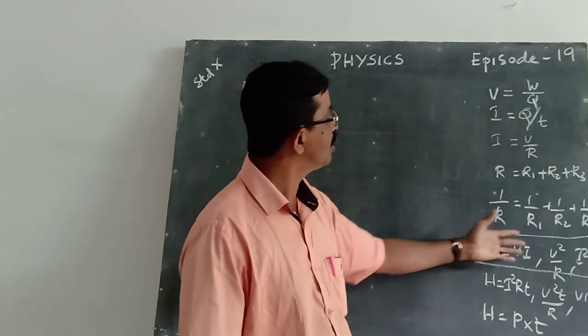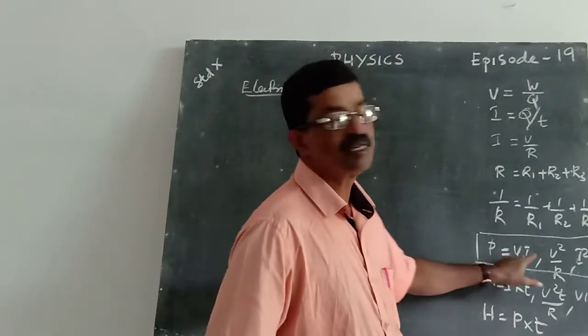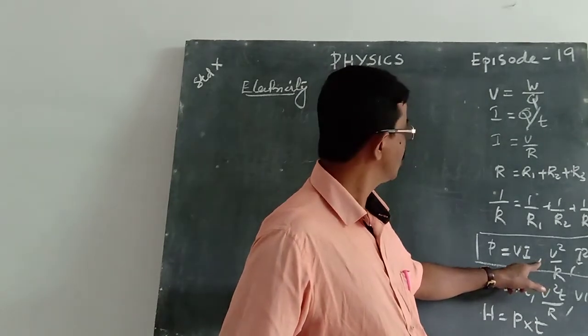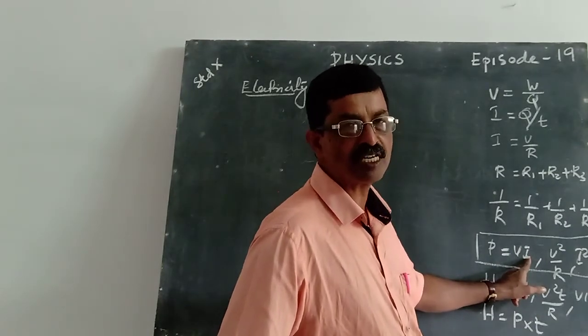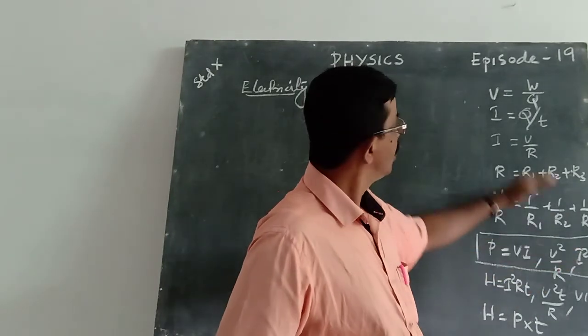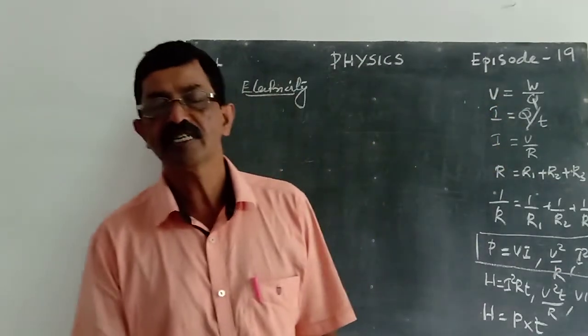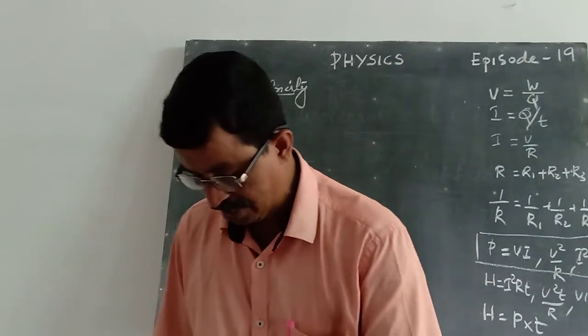Kilowatt hour is the usual unit for calculating commercial electric power. The unit of power is watt, but it is very small, so we use kilowatt hour. Now, by using these relations, we want to find out answers to the given questions in our text.